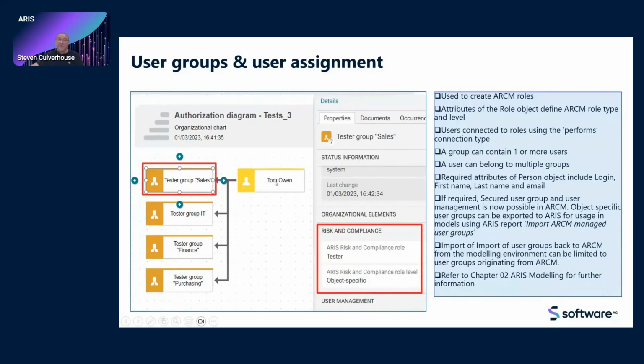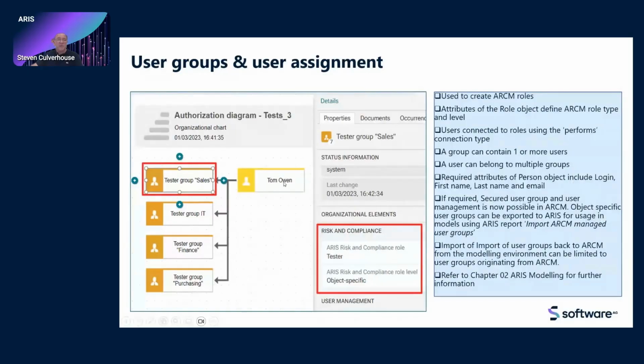You can also have an individual belong to multiple groups. So Tom, in this case, is a member of all of these groups, but he might also be a risk assessor or an incident owner or whatever. That's perfectly okay, as long as there's no conflict or segregation of duties issue.